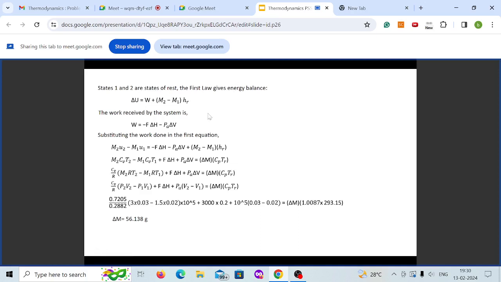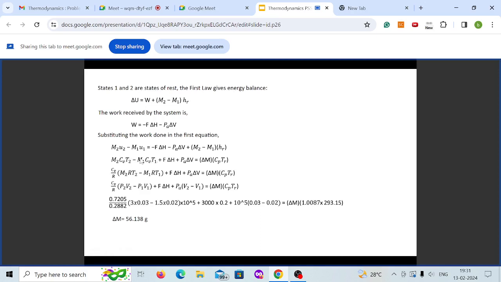So (m2 minus m1) into enthalpy at the reservoir. You know U can be expressed as Cv into T, so m2 Cv T2 minus m1 Cv T1. We are taking both work terms to the left side, so it becomes F into delta H plus P_A into delta V. And m2 minus m1 is what we need to find. That will be equal to delta m into Cp T, for enthalpy.